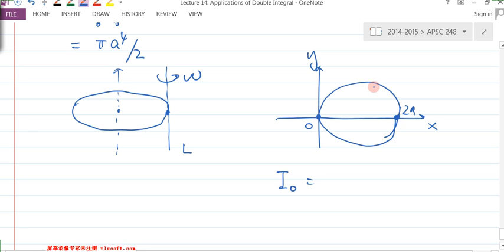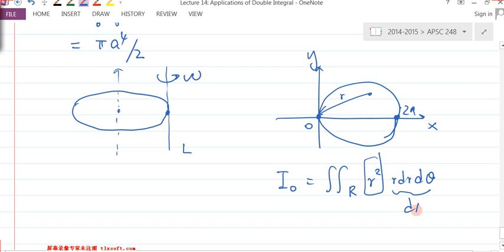You pick any point, and the distance r is to that axis. So I naught will be the double integral of r squared times r dr d theta. This is still r squared, this is dA, and this is the region R.